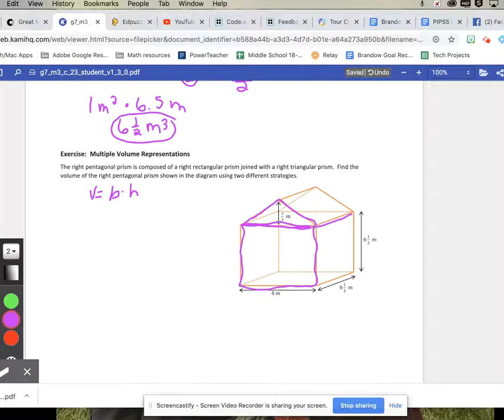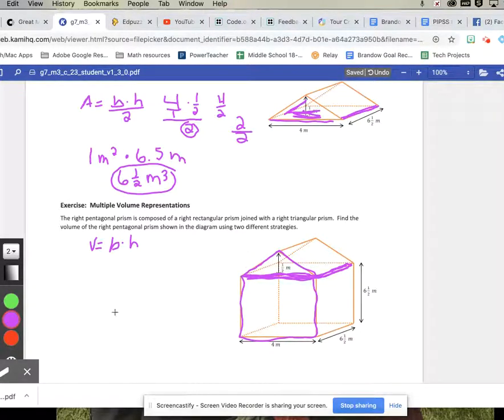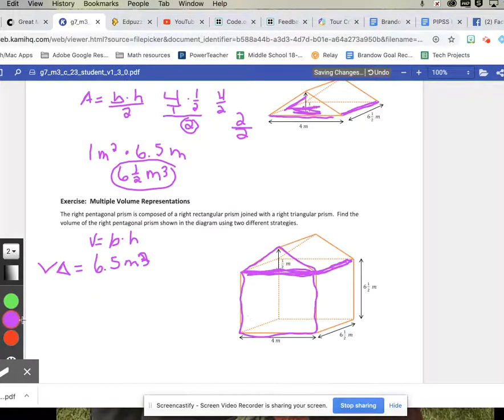Here I can see this triangular prism is the same as the one that was above. It is 4 by 1/2 by 6.5. So I know that that volume is 6.5 meters cubed. So I'm just going to do the volume of the triangle, 6.5 meters, whoops, cubed. I don't know why I keep doing squared. And then I have to do the volume of the bottom cube.